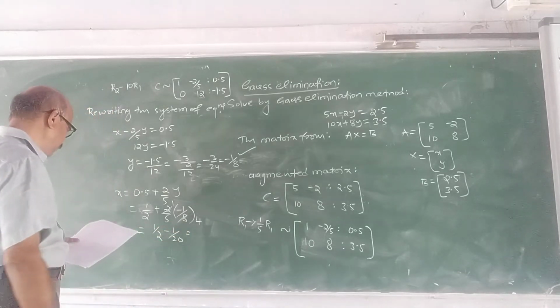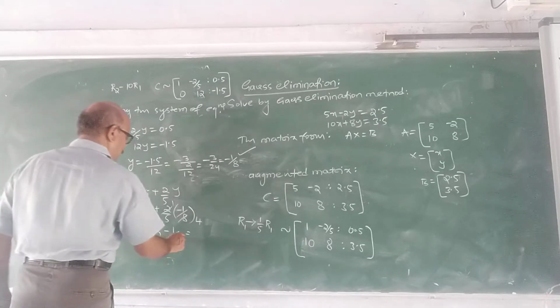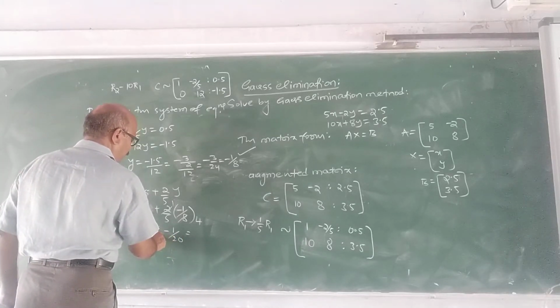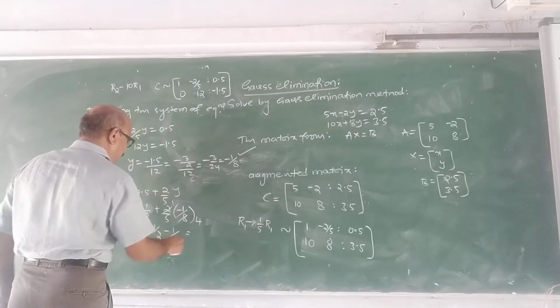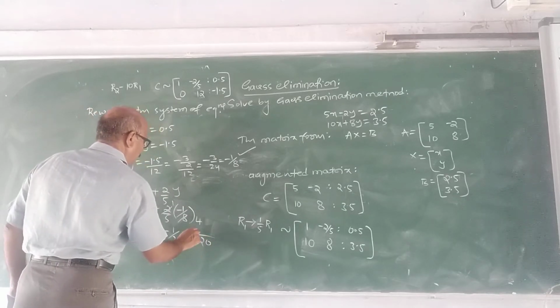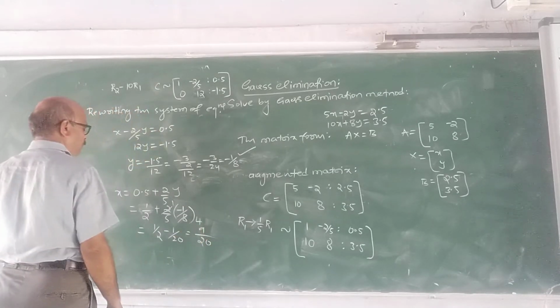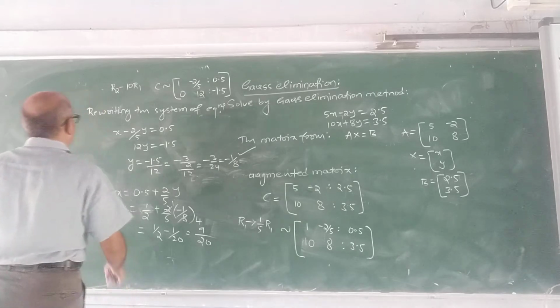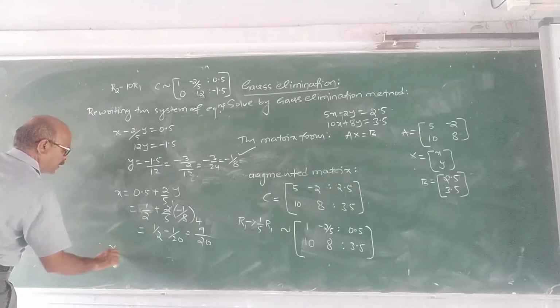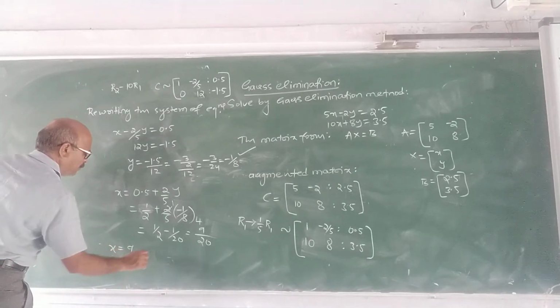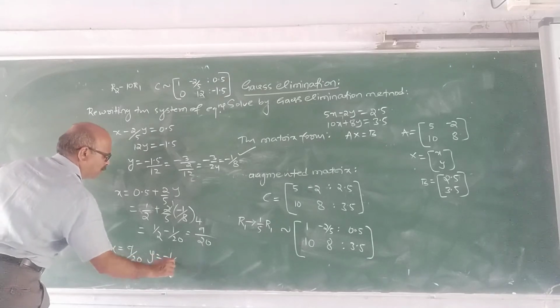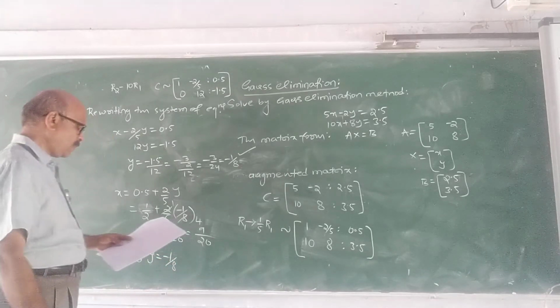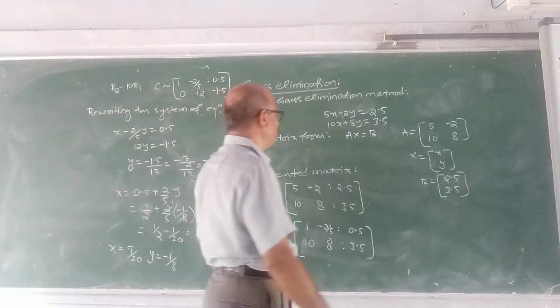Taking LCM 20, we get 10 by 20 minus 1 by 20, therefore 9 by 20. So the solution is x is 9 by 20, y is minus 1 by 8. This is the solution.